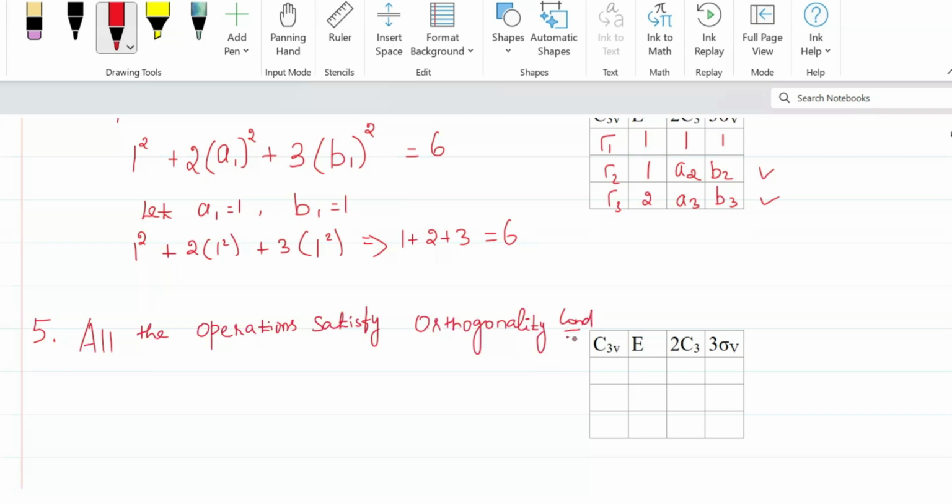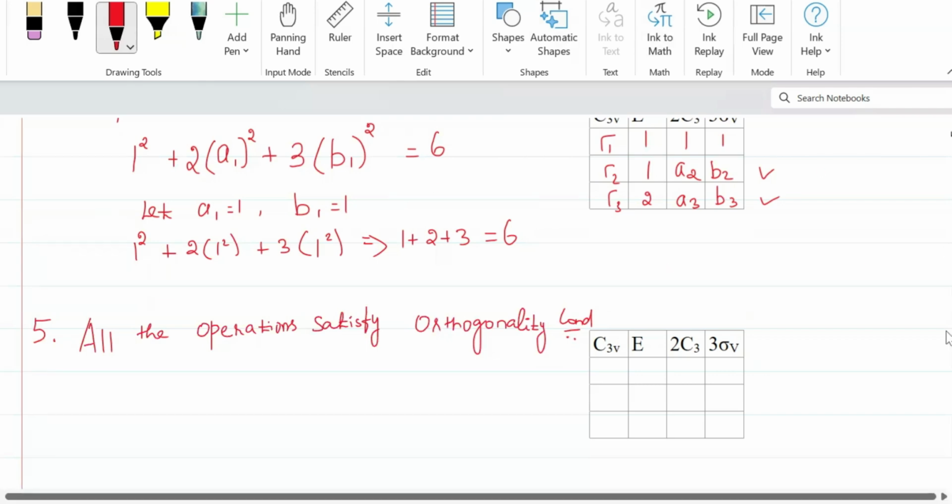So what is that? How do you do it? Here comes the summation of all the symmetry operations. We multiply with gp. gp stands for the number of operations in each class.